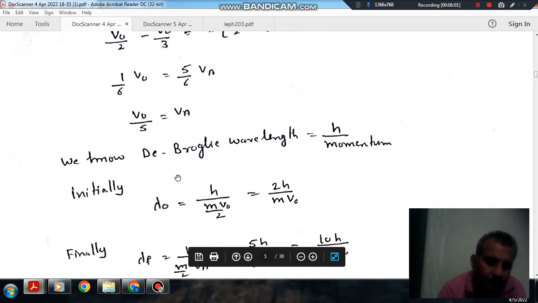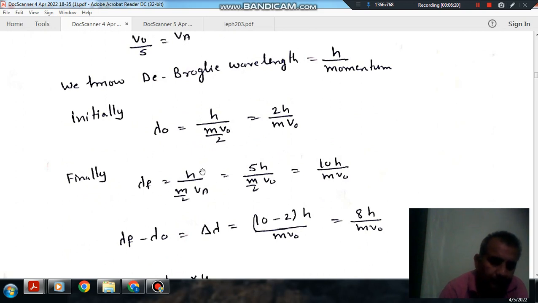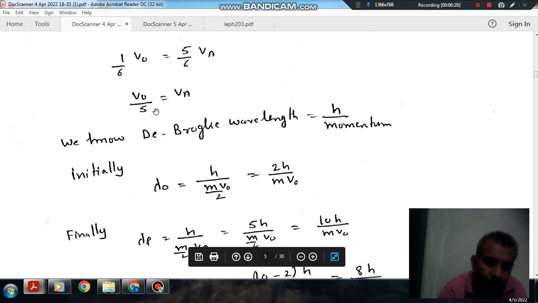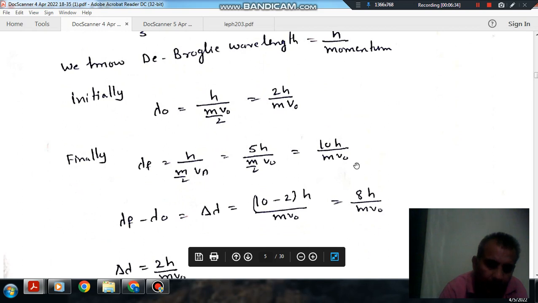Initially lambda naught is h by (m by 2) v naught, because v naught is the initial velocity and the mass is m by 2. Finally, the de Broglie wavelength is h divided by the final momentum, which is m by 2 into v_a, and v_a is v naught by 5, so it will be 10h by m v naught.